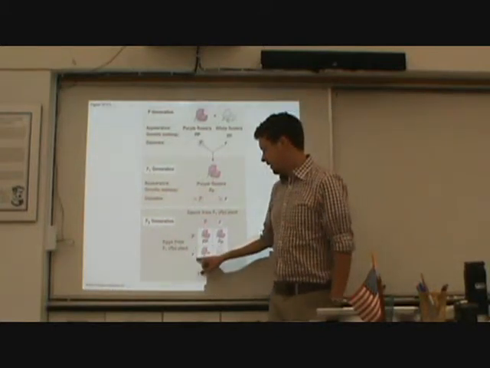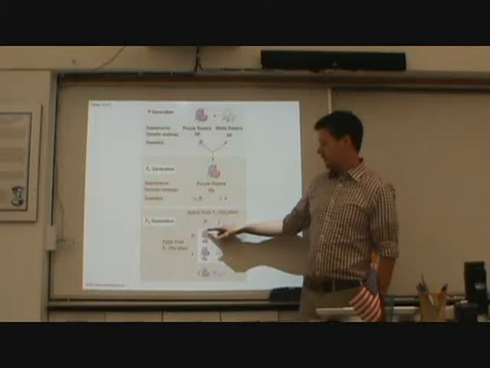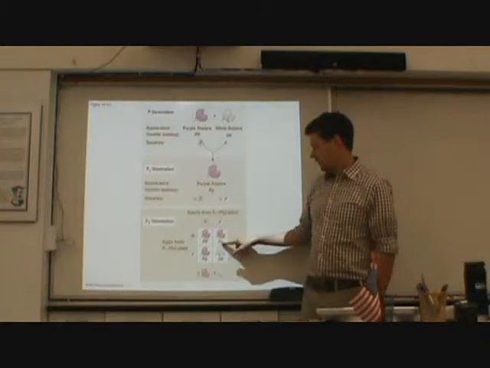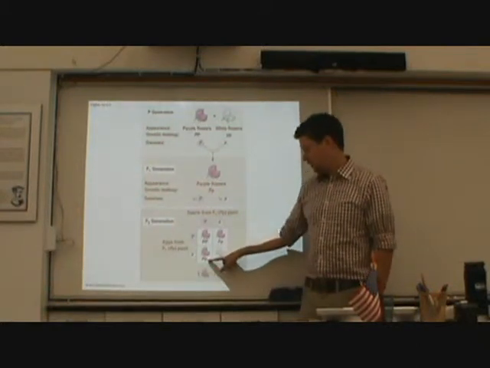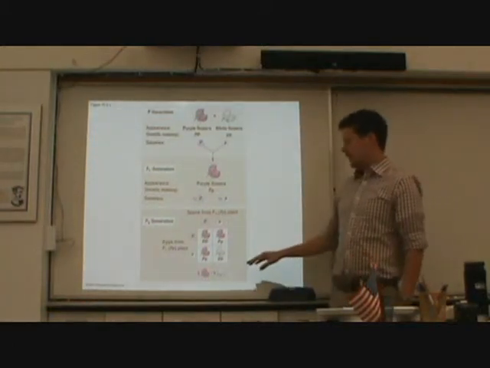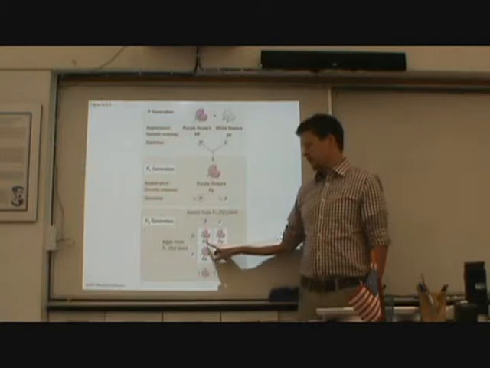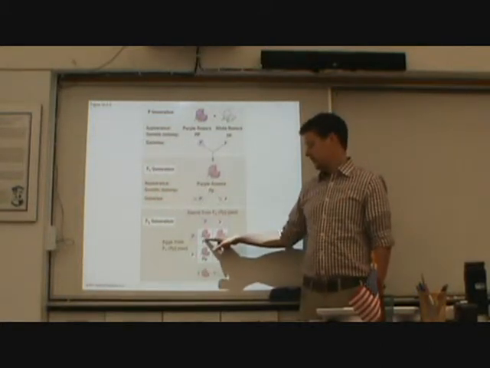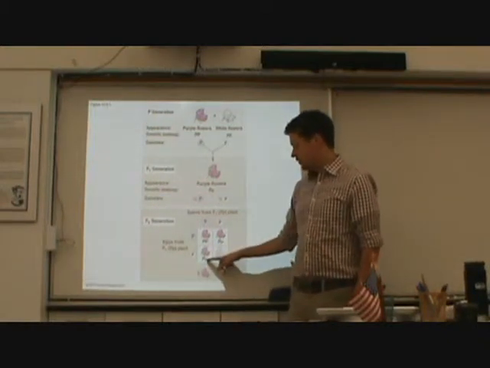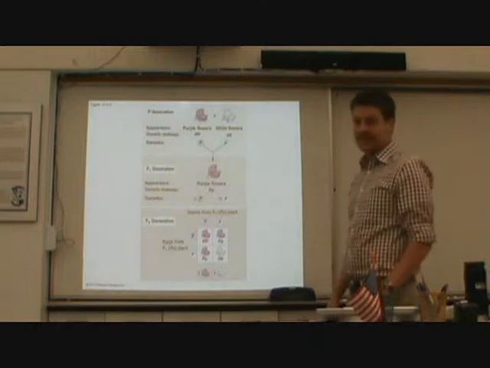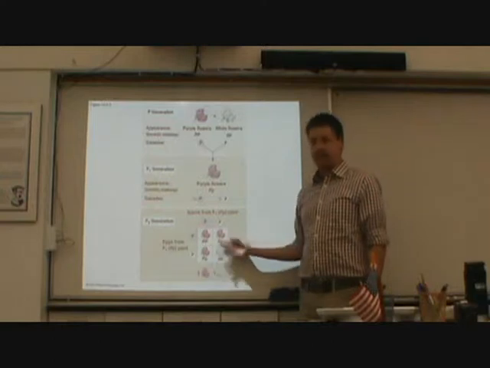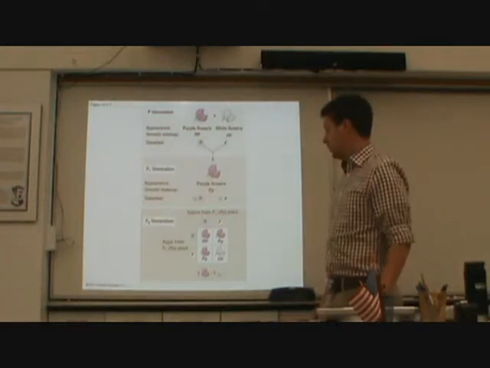And then you just say, okay, this is going to have 1 big P and 1 big P, this is going to have 1 big P and 1 little p, this is going to have 1 big P and 1 little p, and this one will have 2 little p's. And so once you write those down, you see, okay, you have 1 with 2 dominant alleles, 2 of them with 1 of each, and 1 with 2 recessive alleles. And that shows that you would have that 3-to-1 ratio.